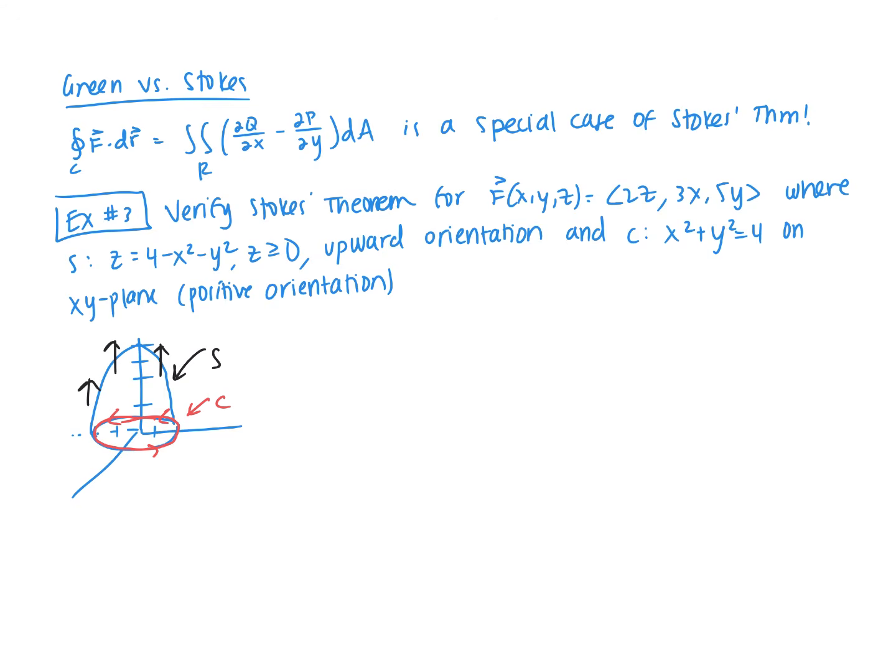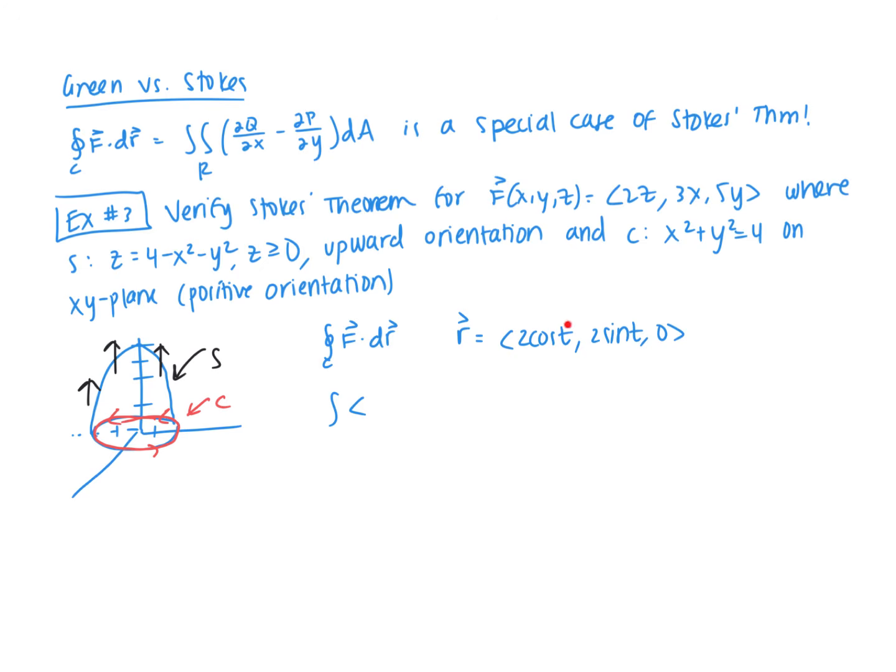Okay, so first thing we are going to do is calculate the line integral. To do that, we are going to have to orient that curve, that red curve. It's a circle, so that gives us 2 cosine t, 2 sine t, and 0. So that's going to give us the integral of f of r.